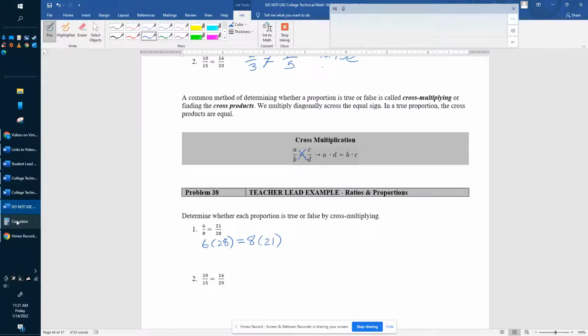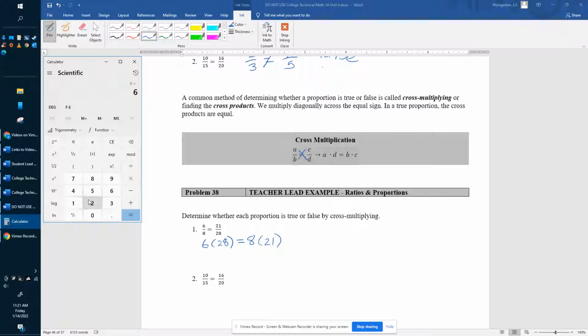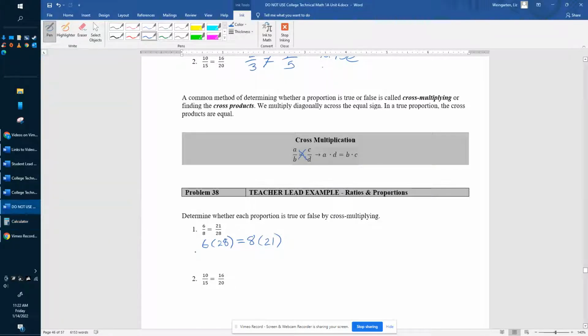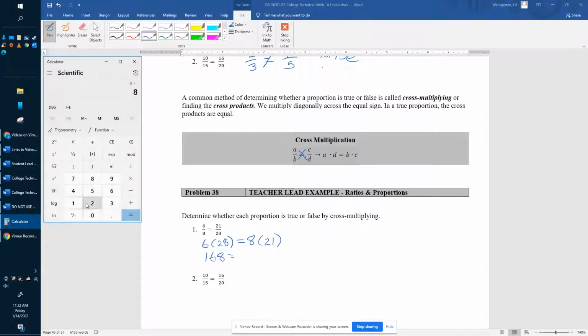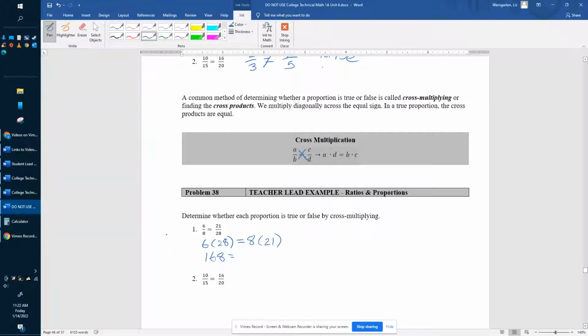So let's do that in our calculator. 168. How about 8 times 21? 168. So we used cross multiplication to determine that this proportion is true as well.